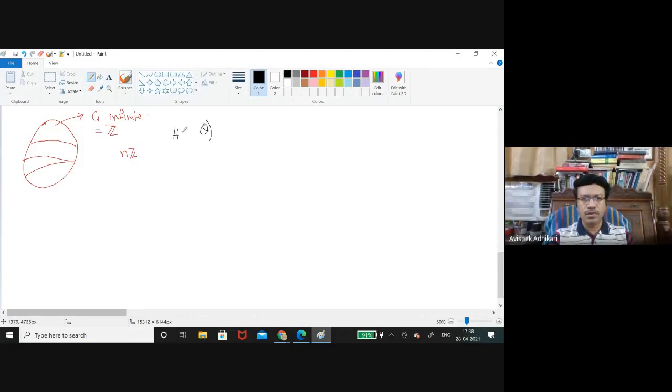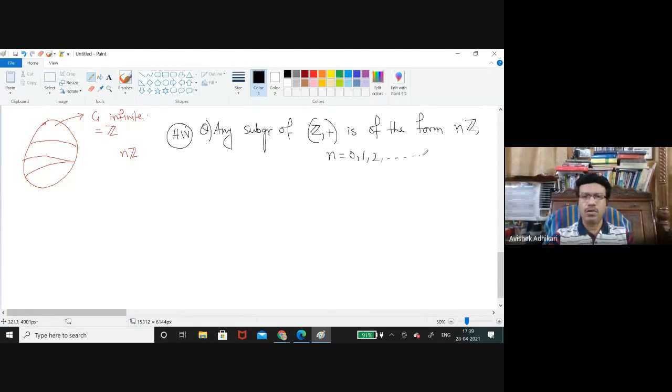This is also your homework, which says that any subgroup of Z under addition is of the form nZ, where n equal to 0, 1, 2, and so on. So if I consider any subgroup, say H of Z, then the form of H is of this form nZ.